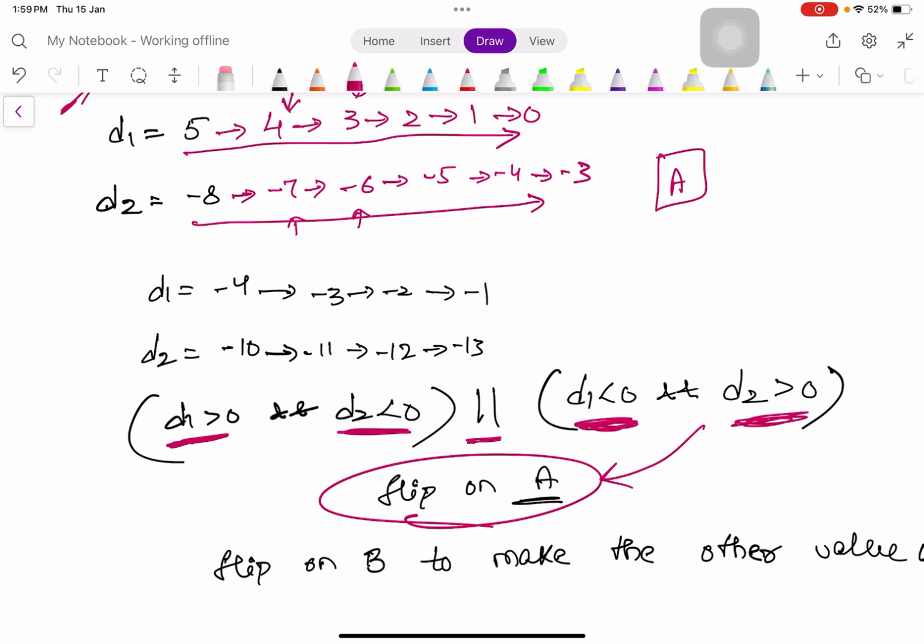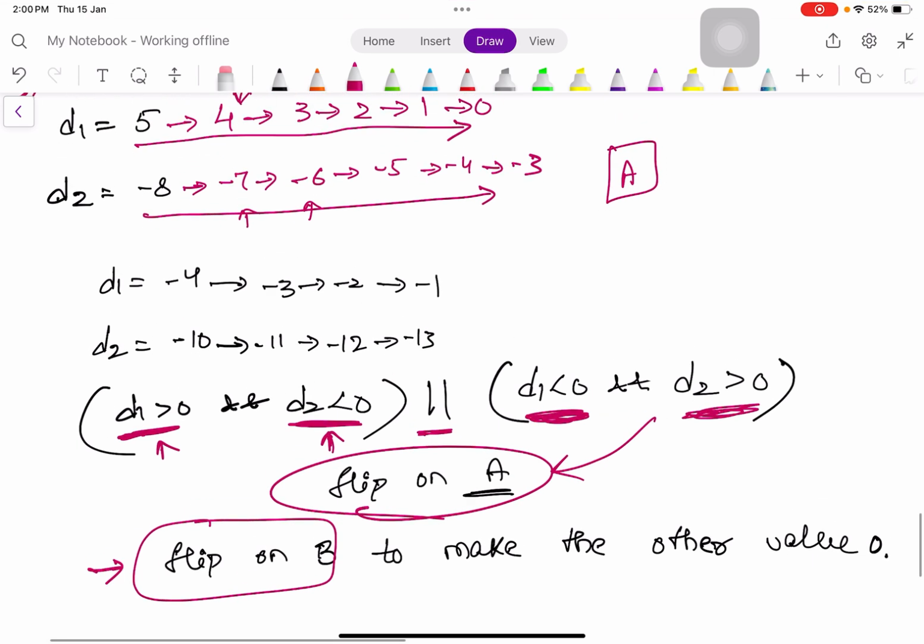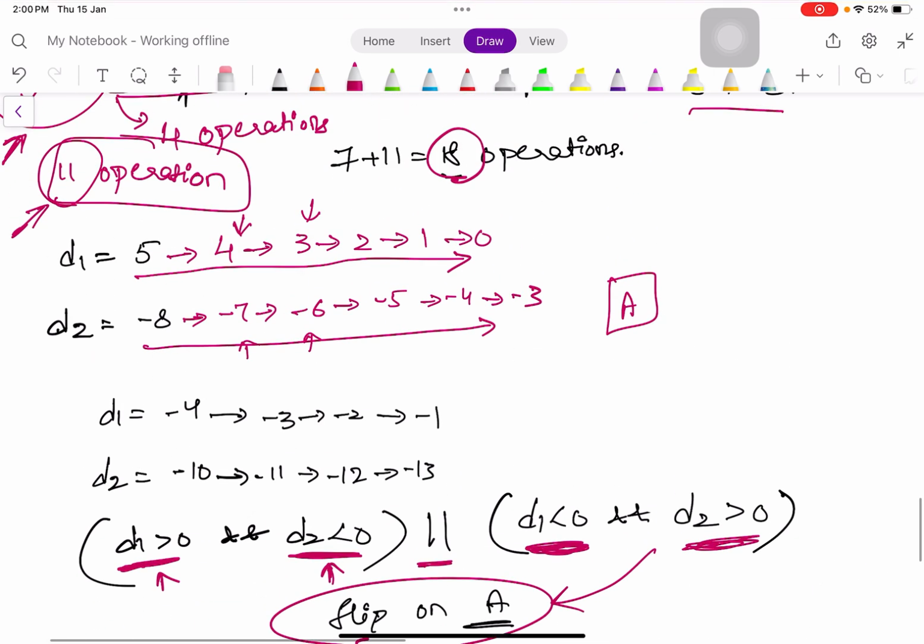Either D1 or D2 will become 0. So when any of them becomes 0, then we'll perform flips on B string. Flips on B string will be performed to make sure that the non-zero value, either D1 or D2, whichever is non-zero, that value becomes 0. For example, over here, if you see 5 and minus 8, 5 becomes 0 in 5 operations.